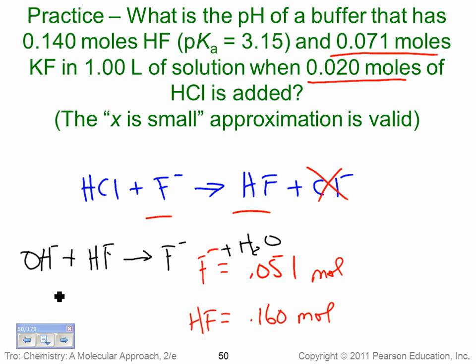So what's going to happen to the HF amount if I add hydroxide? It's going down. And the F minus? And that's what we saw in the previous example. When I added base to a buffer, it will increase the conjugate base and decrease the acid.